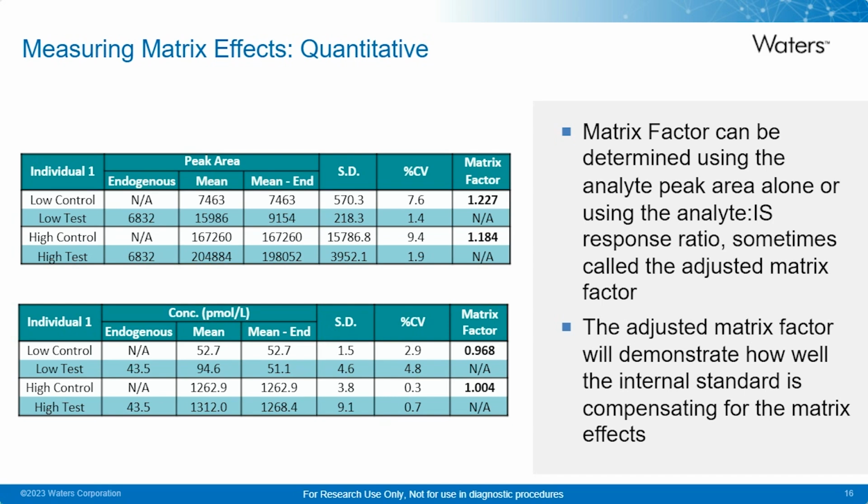And as you can see in the bottom table on the right-hand side, the internal standard actually compensates nicely for that small enhancement that we've seen. And the acceptance criteria that we apply on this test is plus or minus 15%. So they come well within that.